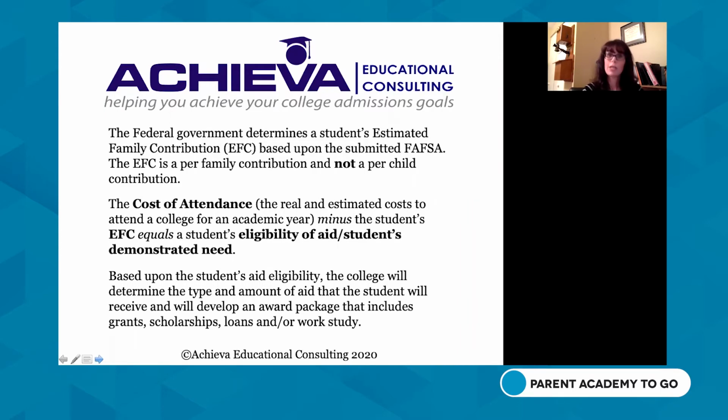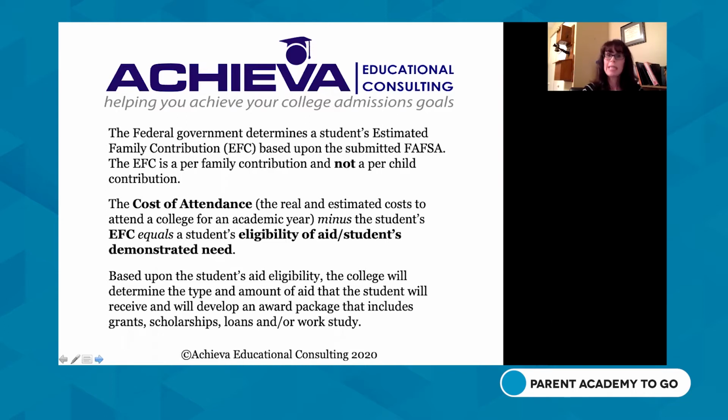The federal government determines a student's estimated family contribution that is based upon the submitted FAFSA. It is very important to remember that the EFC is a per family contribution and not a per child contribution. So if you have more than one child in college during the same time, that EFC is for your whole family.